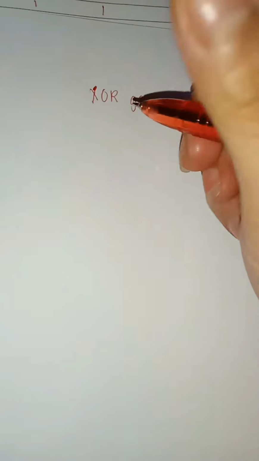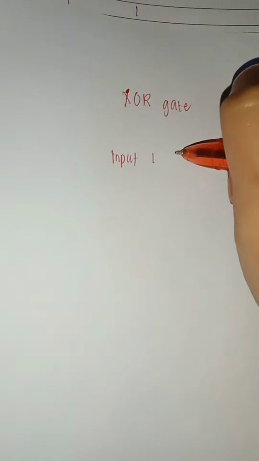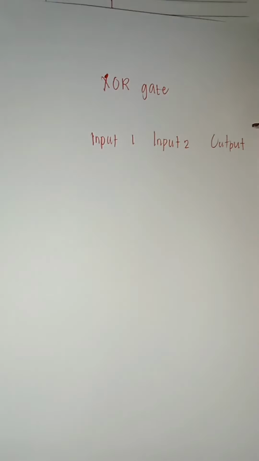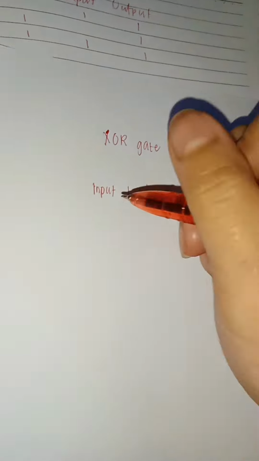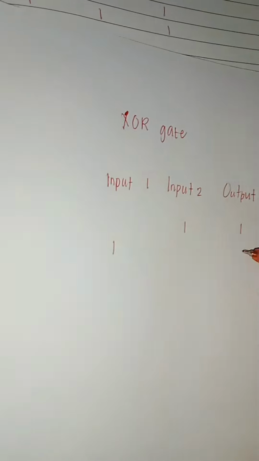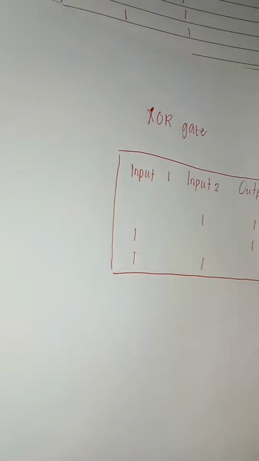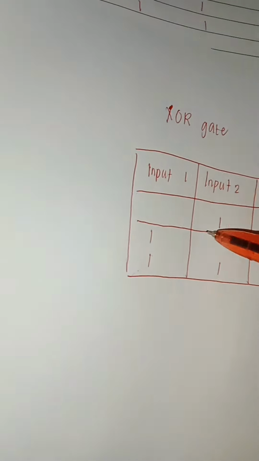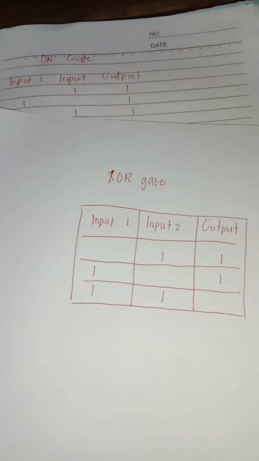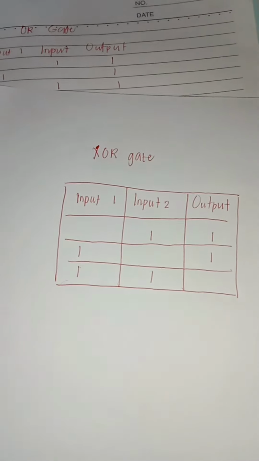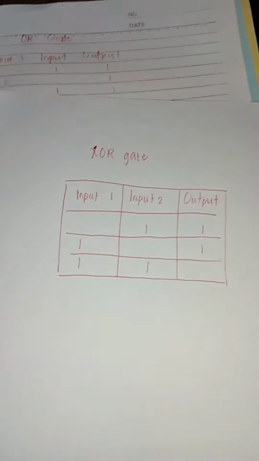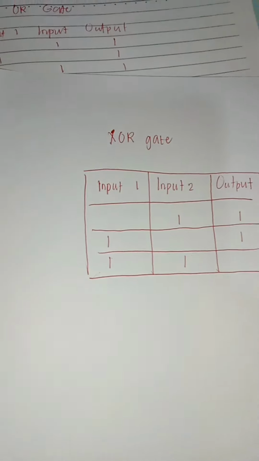Next is the exclusive OR gate. The exclusive OR gate acts in the same way as the logical either-or.